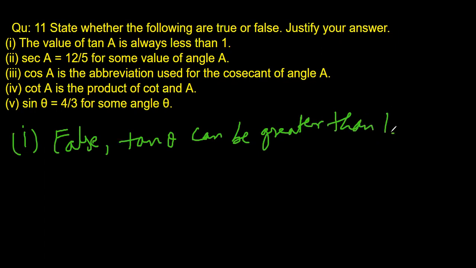Or you can give a justification like: tan theta is greater than 1 if the side opposite to theta, which is A in this case, is bigger than the adjacent side. Okay, so this first case is done.